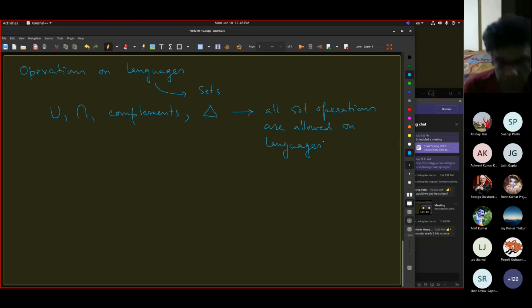But then, since languages are composed of strings which support some kind of operation called concatenation, I can also define concatenation of languages.